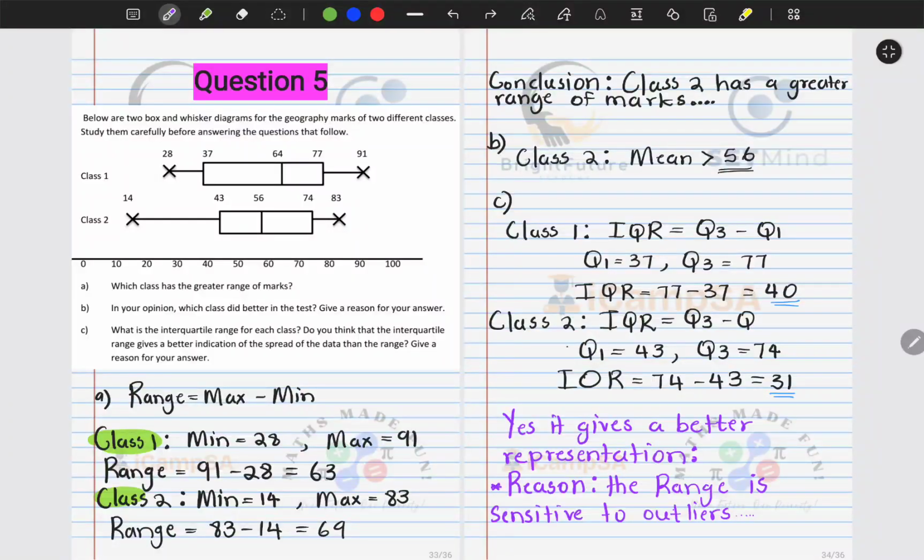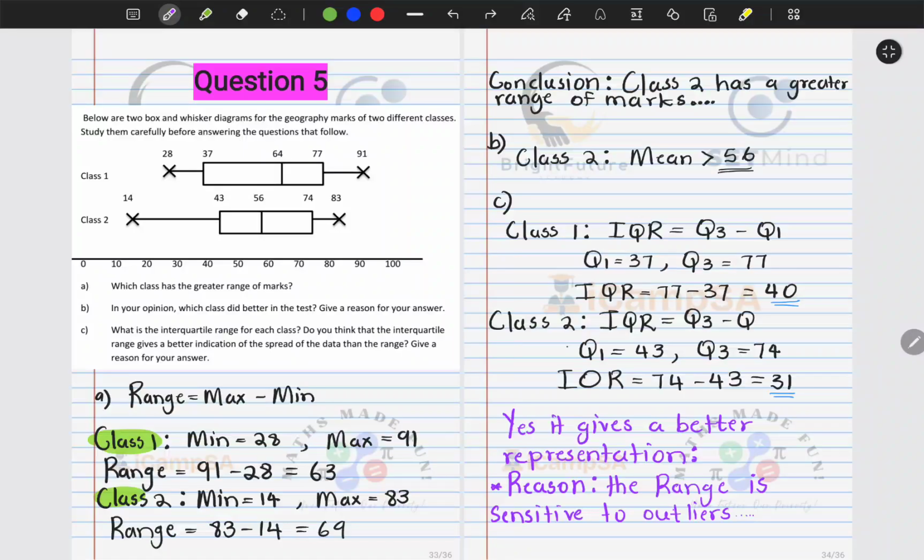So if we use them, what you end up getting is a very big range. But if you use the center, or you use your interquartile range, that is more concentrated around your median, which is Q2. So that should give us a better average.